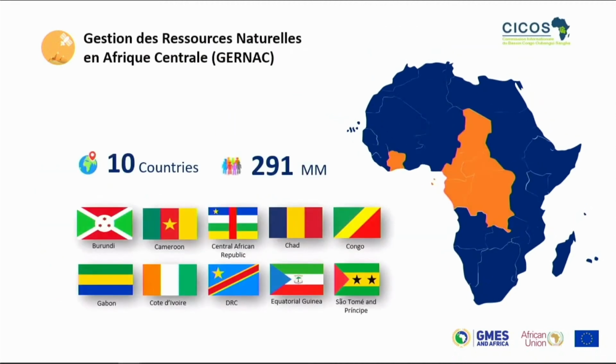Then, let's see what they do. SICOS covers 10 countries, and they provide services to a potential population of 291 million people, and they work on gestion des ressources naturelles en Afrique centrale. They will all have opportunity to go into detail, so I'm just touching on what they do briefly.